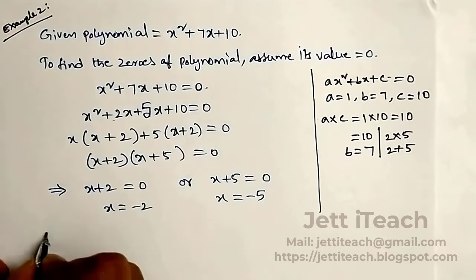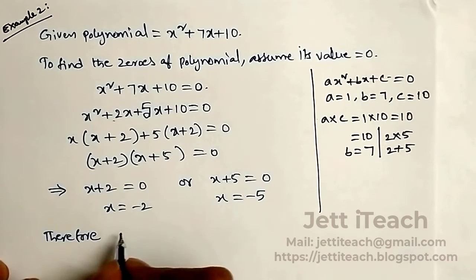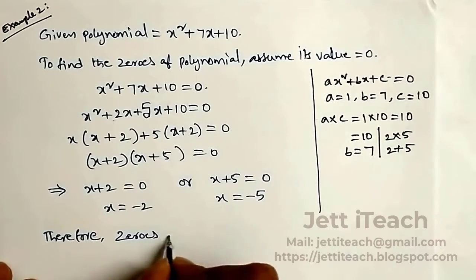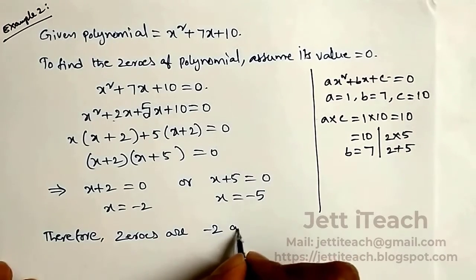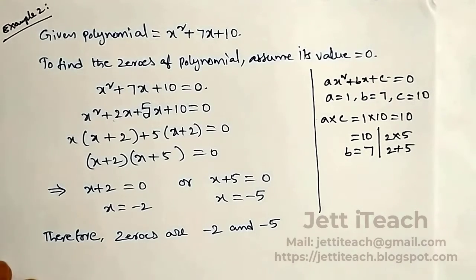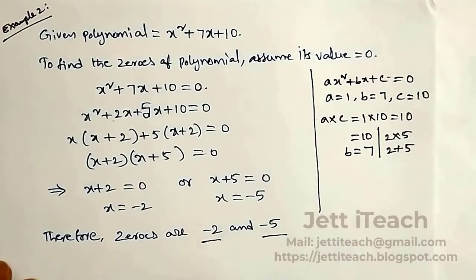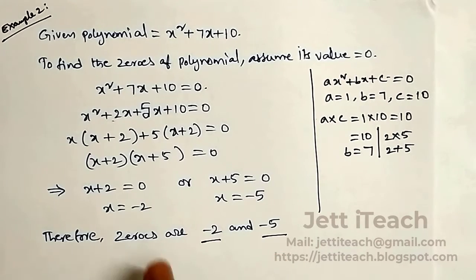Therefore, zeros are minus 2 and minus 5. If the value is minus 2 or minus 5, this polynomial will become 0. These are the zeros of this polynomial.